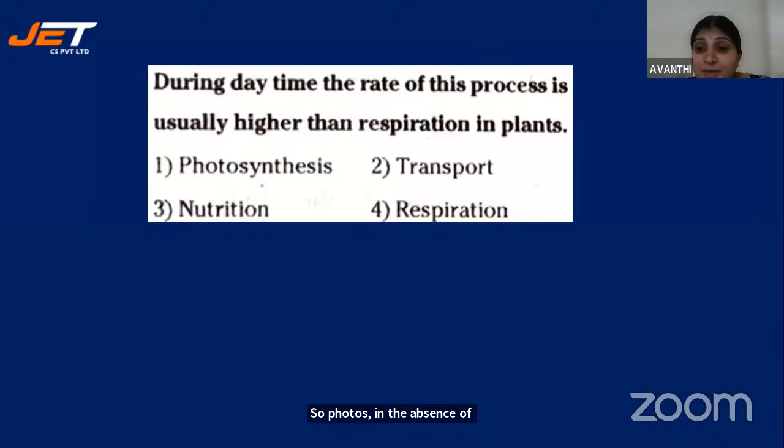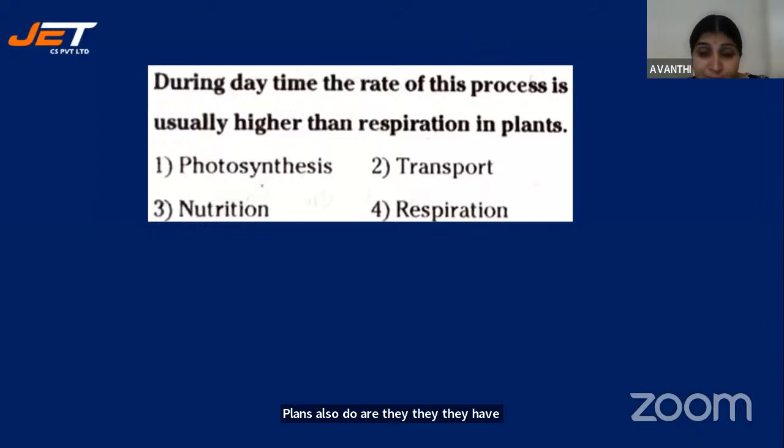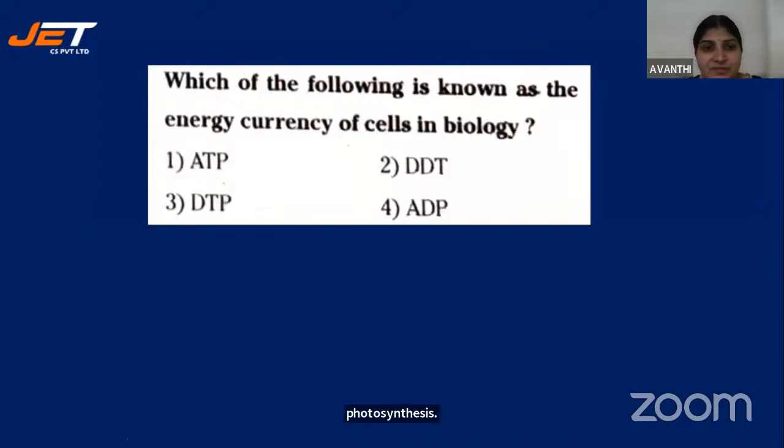Don't think that only plants perform photosynthesis. Plants also need to perform respiration to survive. But it will be mostly during the night time in the absence of light. Why? Because during daytime, they concentrate more on the preparation of food molecules, that is photosynthesis. So it is photosynthesis. Very good.